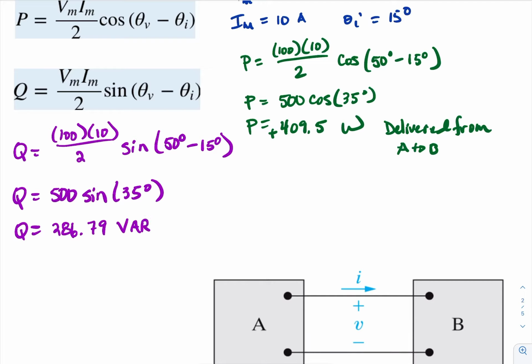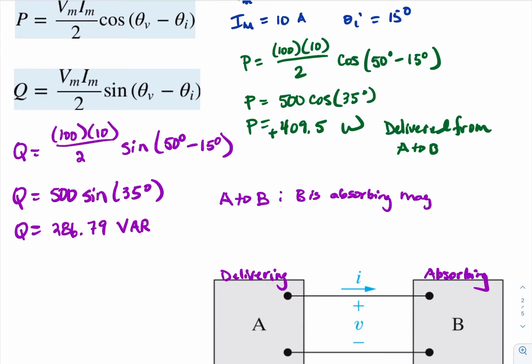So since it is positive, that means that B is absorbing. A is delivering, and our flow is A to B, which means B is absorbing magnetizing vars.